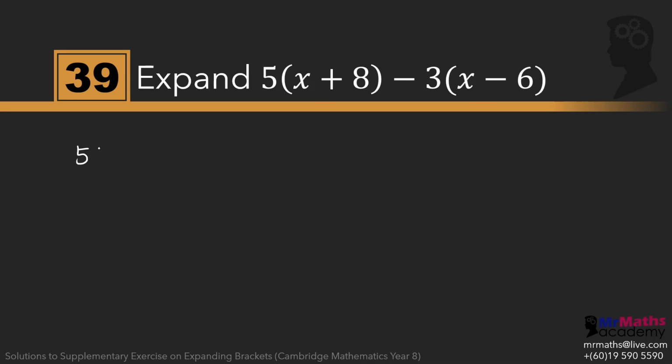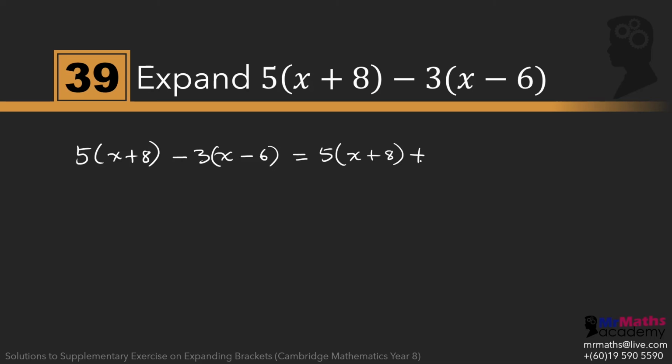So 5 times x plus 8, minus, we have a minus expression now, so we need to be really careful here. 3 times x minus 6. So I am going to take an extra step here to be careful, so that I don't make mistakes. I want to minimize my mistakes. So let's just put everything as is from the first expansion.